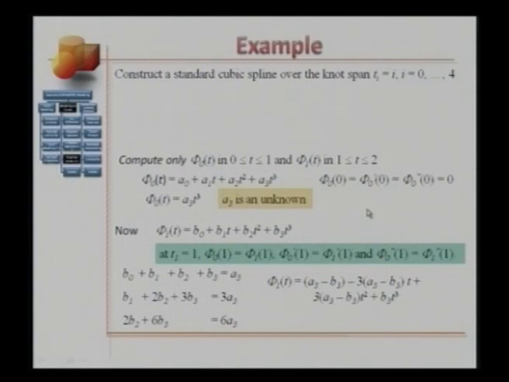Now what? Now we have b3 as an unknown and a3 also as an unknown. We need to figure out these 2 unknowns, for which we would need 2 conditions. Can you think about those 2 conditions?